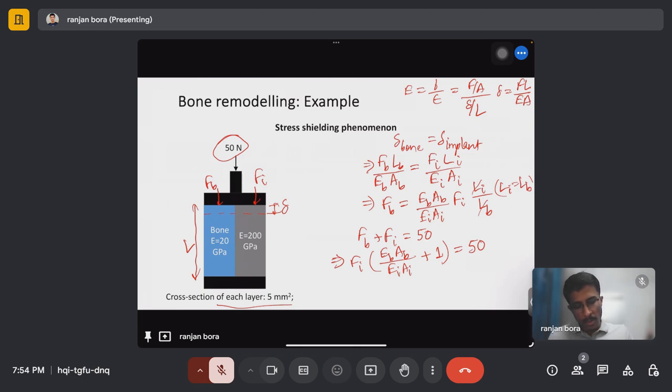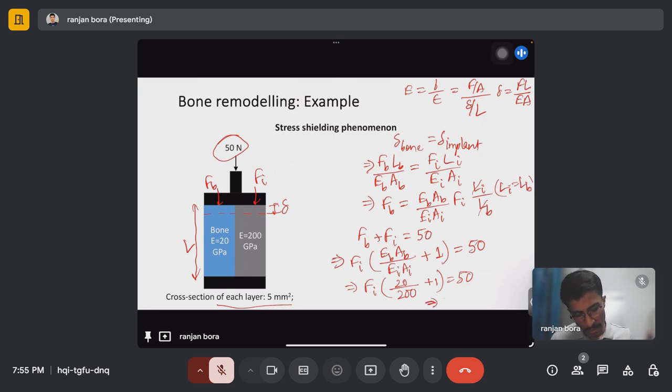Now if you substitute the values here, EB, EI, AB, AI, what will you get? EB is the Young's modulus of bone, which is 20, by 200. AB equal to AI, plus 1, equal to 50.